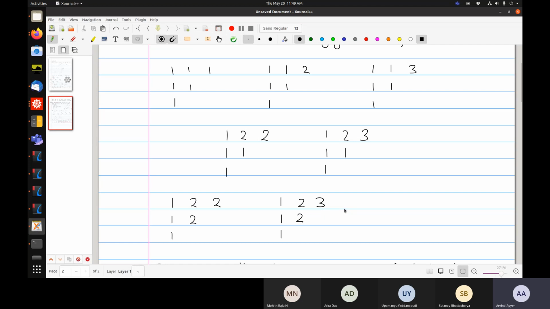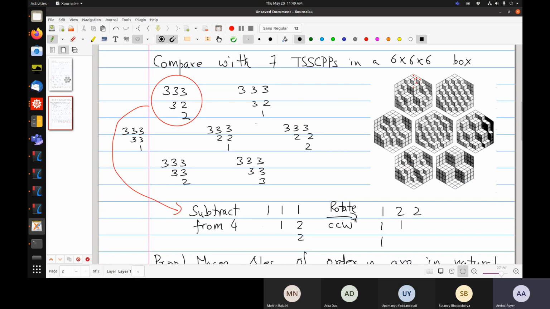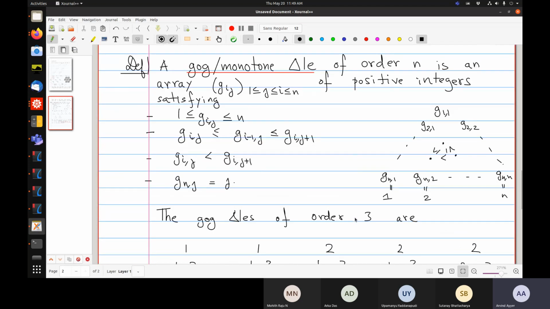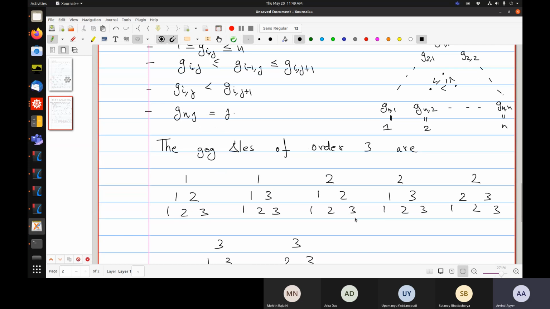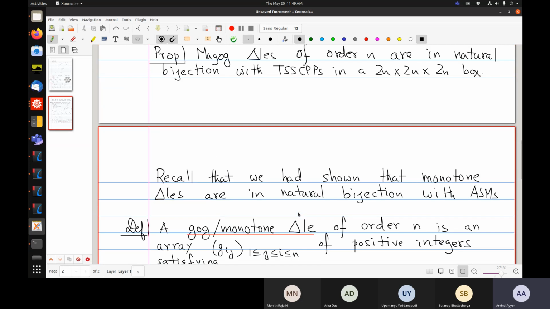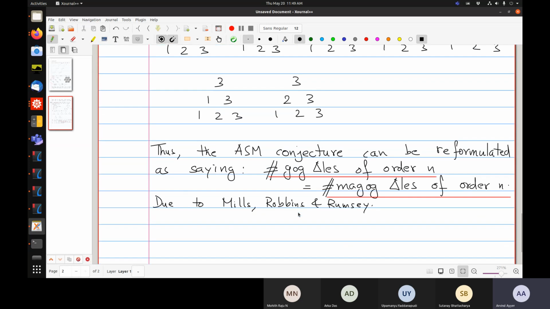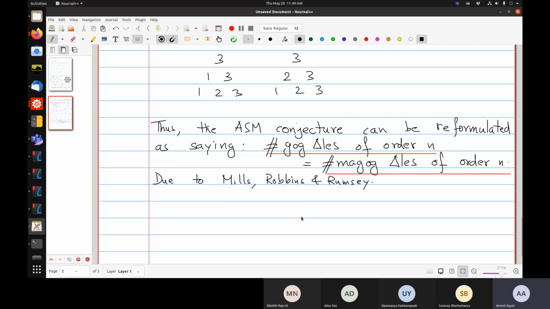The way I have drawn it, the triangles look different, but you can of course rotate them and get them in the same shape. So each one of them has the same number of entries, and the bottom row or some column is frozen of length n in both, and so you think, come on, there has to be a bijection.